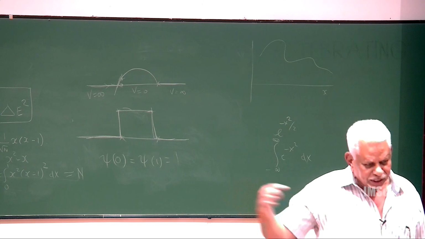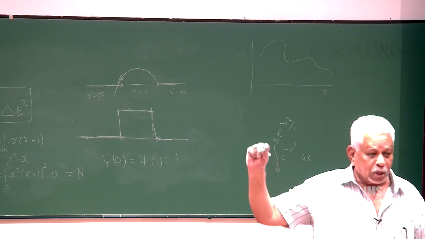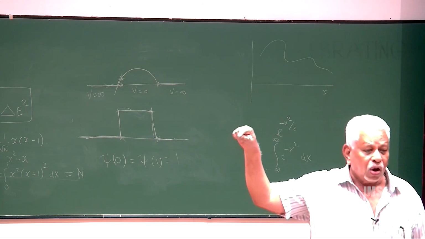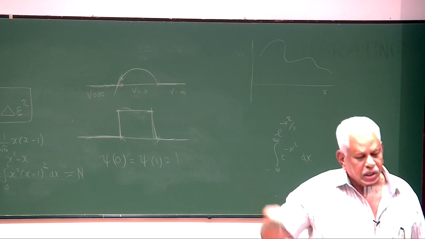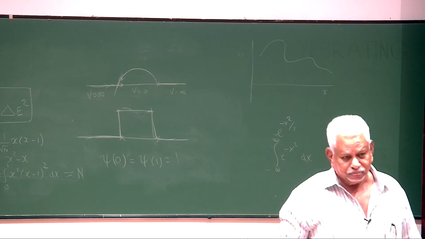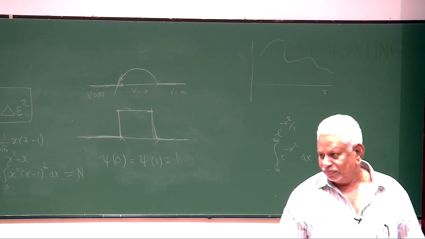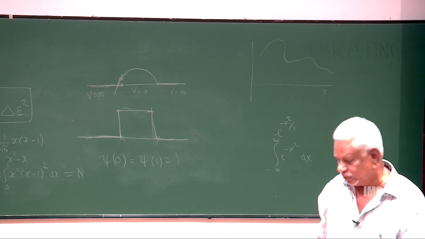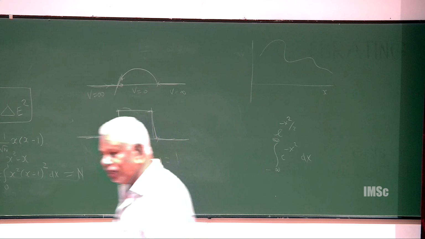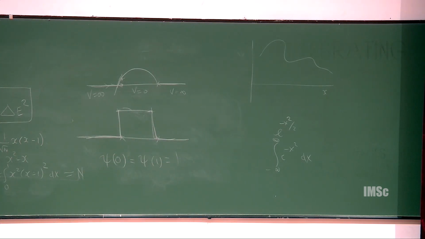So the probability of finding the particle very close to the wall is not 0, because it goes and hits and comes back. Whereas in the previous case, the probability of finding the particle very close to the wall is 0 because it is a sine function. Here it is a non-zero value.